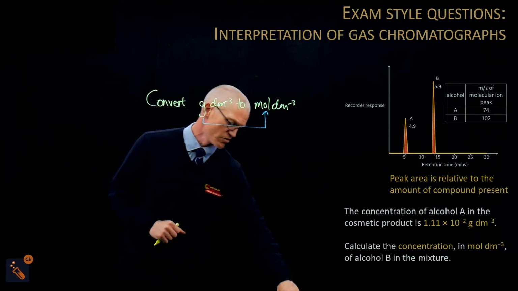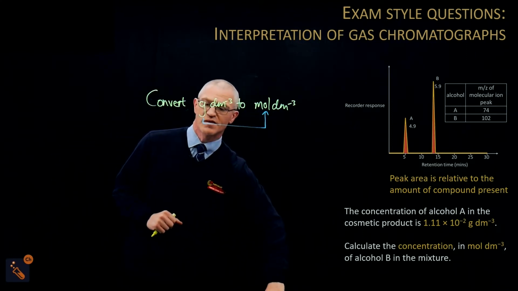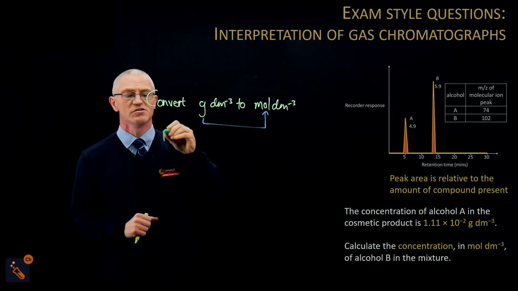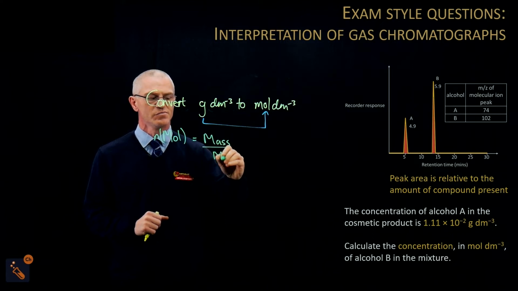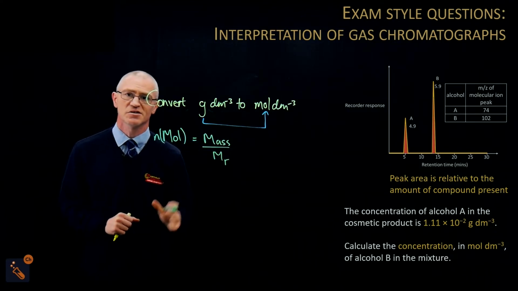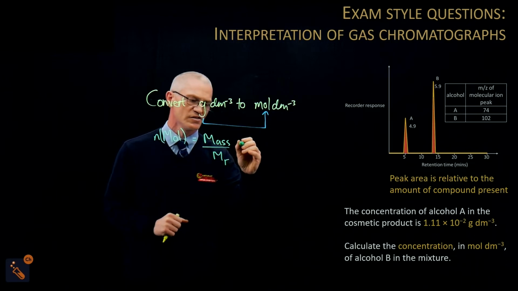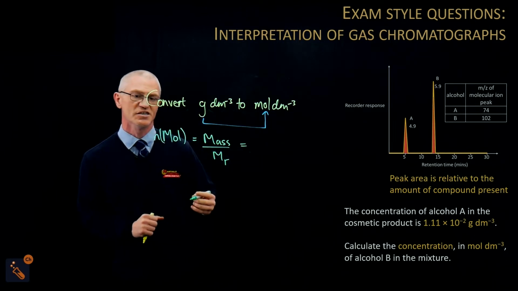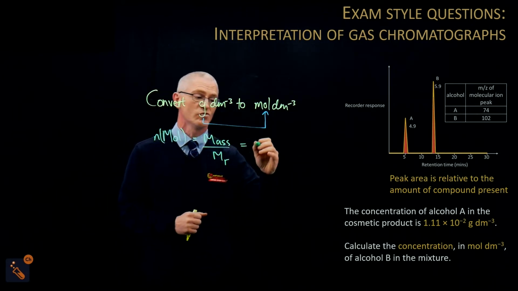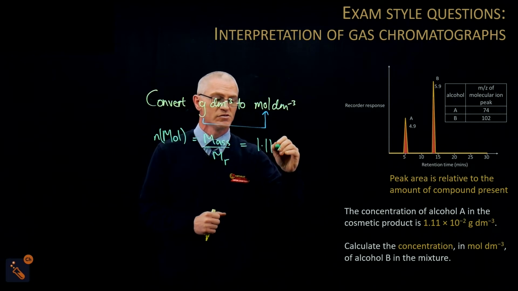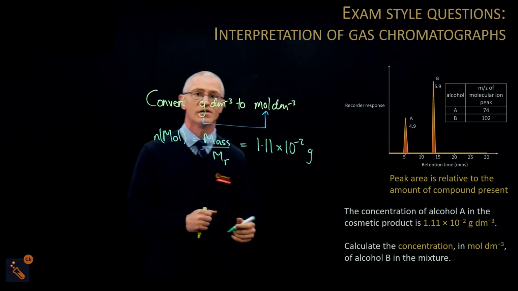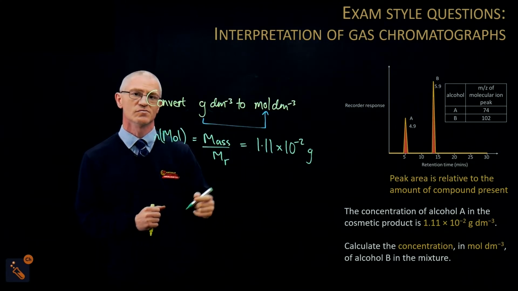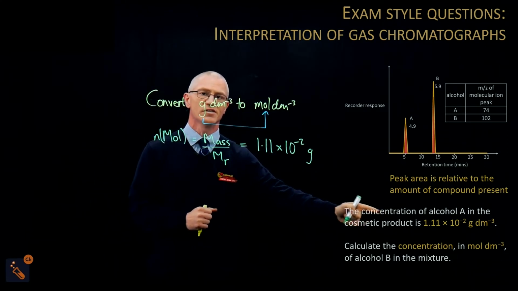To convert grams to moles, you use the equation moles equals mass over molecular mass. So all we do is take our mass, because you know there's 1.11 times 10 to the minus 2 grams, essentially, because we're just converting the grams to the moles, and we got that from down here.